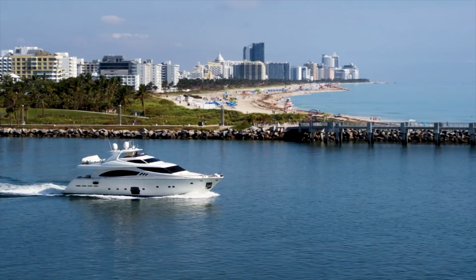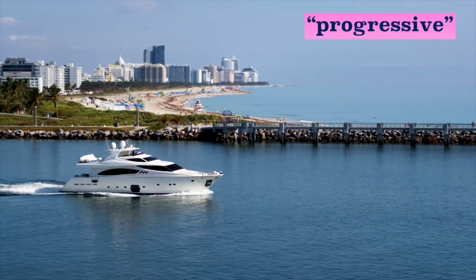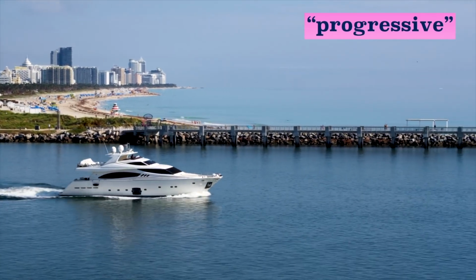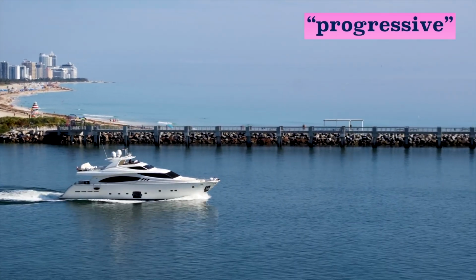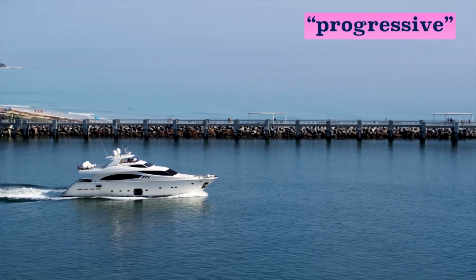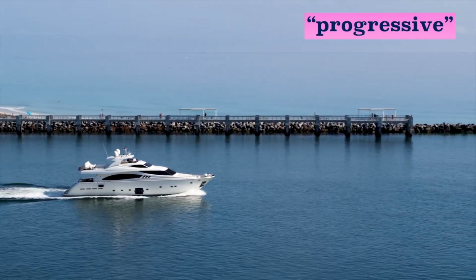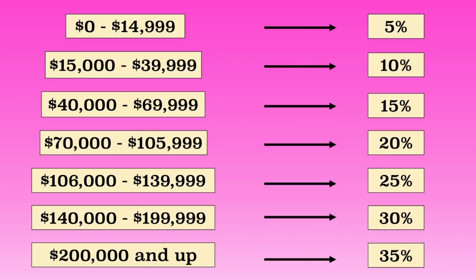The vast majority of income taxes are, quote, progressive, meaning tax rates increase as a person's income increases, meaning they end up paying a larger percentage of income taxes than those who earn less. Typically, a progressive tax system has tax brackets, so different portions of your income are taxed at different rates.